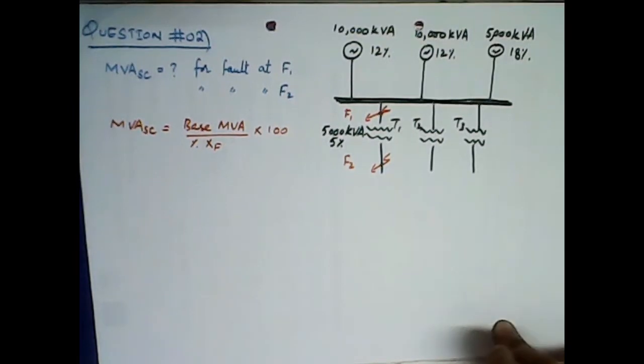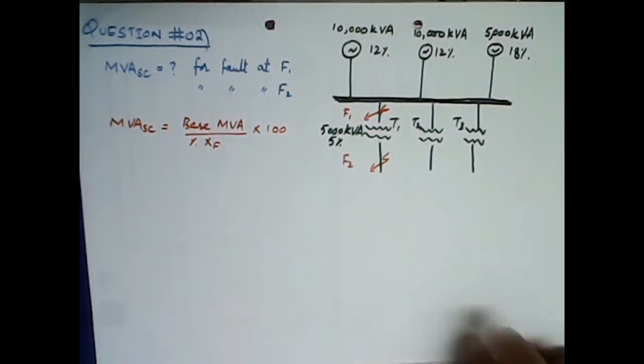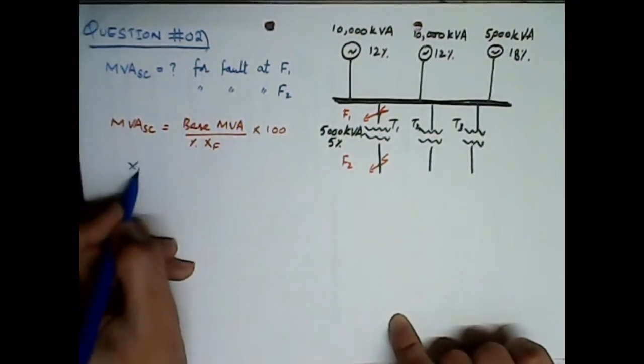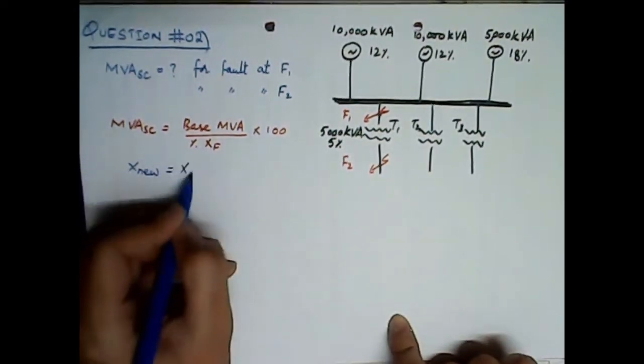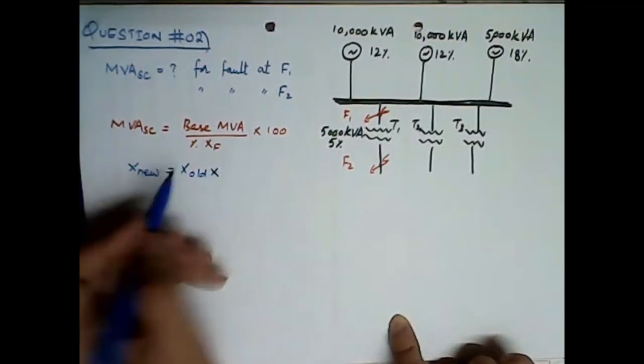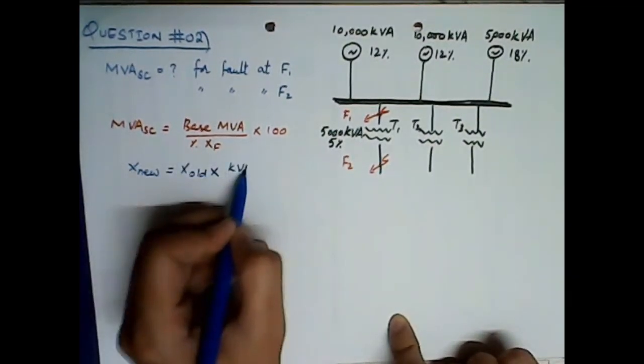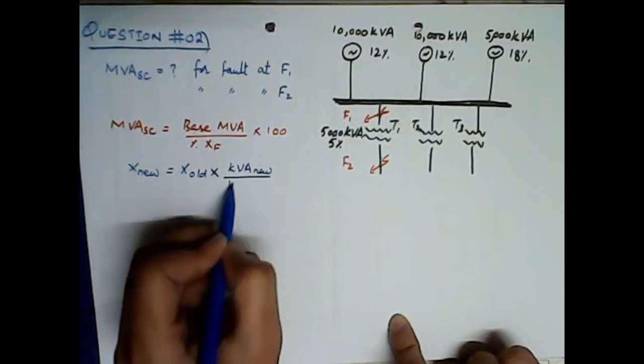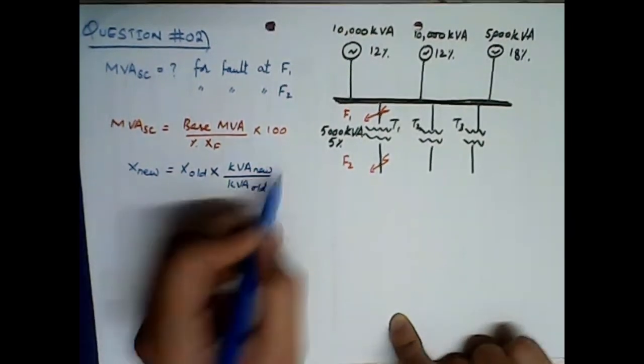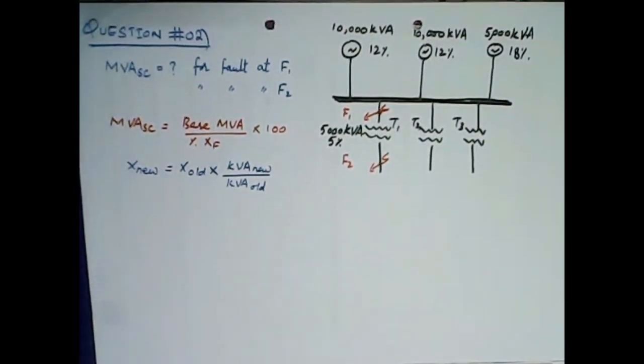So now we need to convert these reactances. We know that the formula is X new equals X old times kVA new divided by kVA old, times the ratio of voltage also, but since the voltage is the same here, that would be 1.